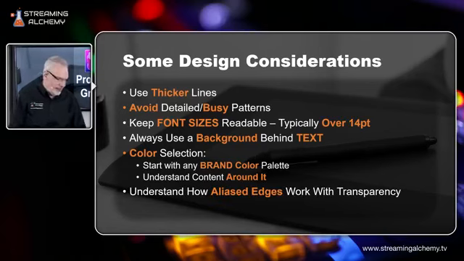And the other thing is understand how aliased edges work with transparency. In a lot of these images we showed, there were transparent cutout elements, like in the mortise where it had the curve, or where we had the player where they were posing and you could see all around the player as a cutout.